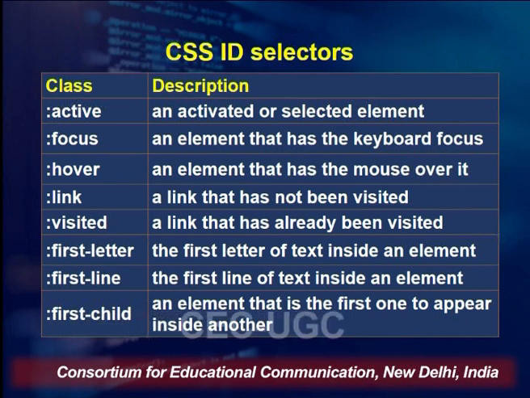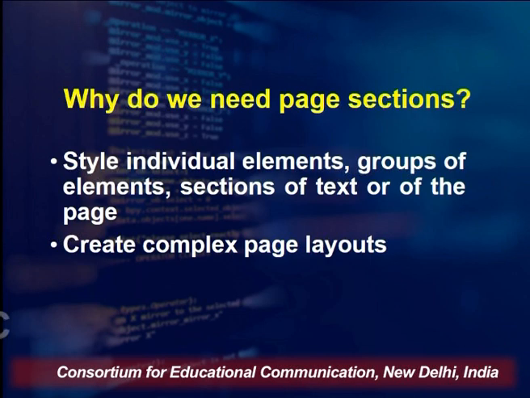Then you can also have first letter, that is the first letter of the text inside an element will be of a particular color, or first line will be of a particular color, or first child, that is, in the hierarchy that element will be the first one to appear inside another element. So different class selectors can be specified for the different elements in the CSS.